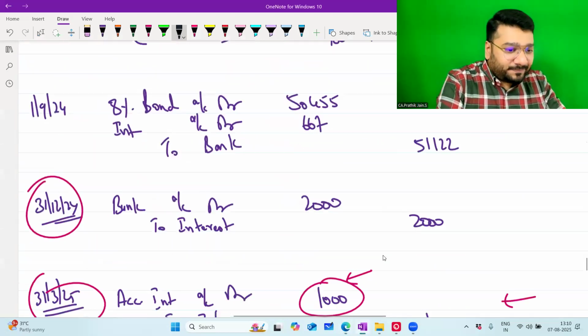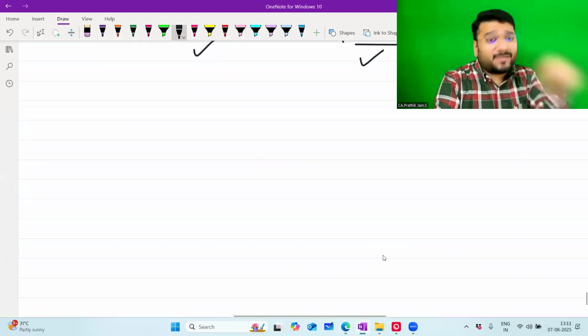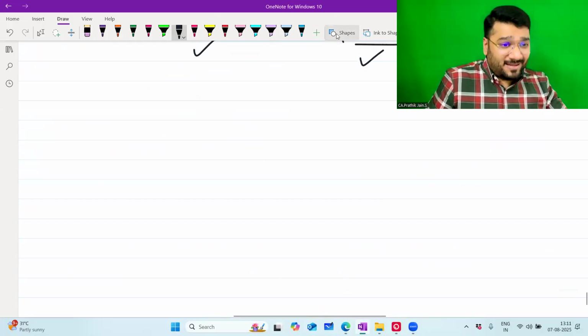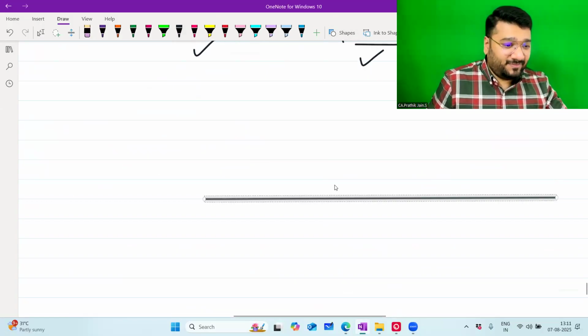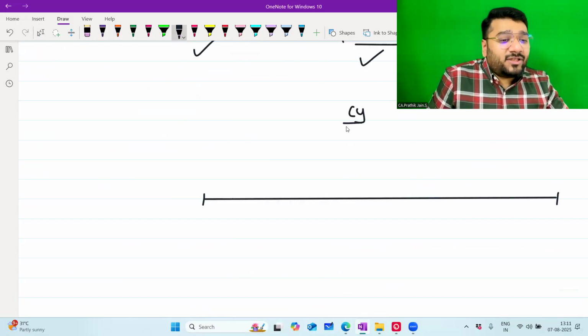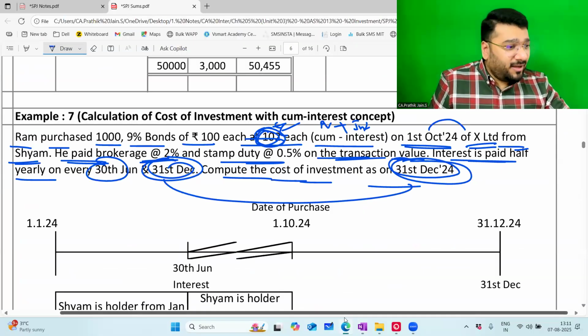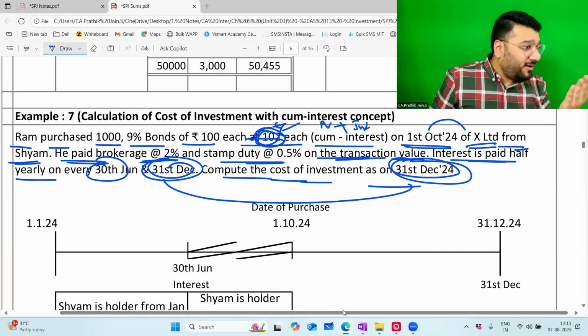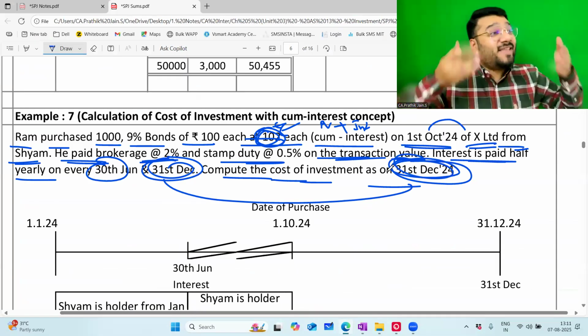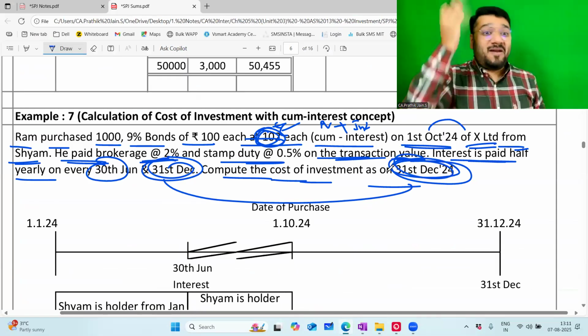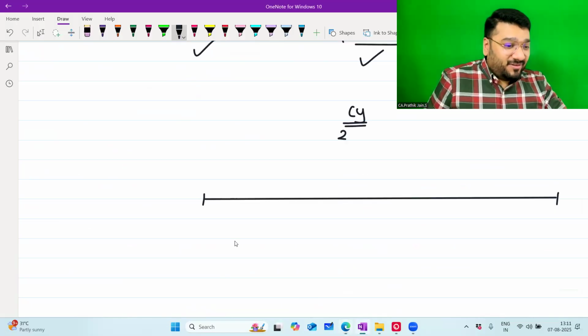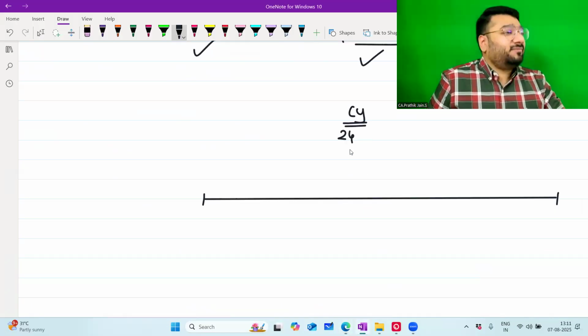Let's do the diagram. With the diagram, one more time I'll explain. Tell me the current financial year. 24, 25? I'm telling you this is January to December, so it is 24 only, 2024.